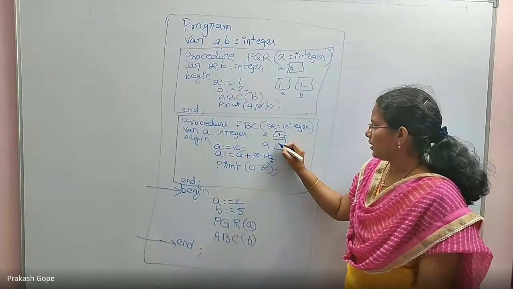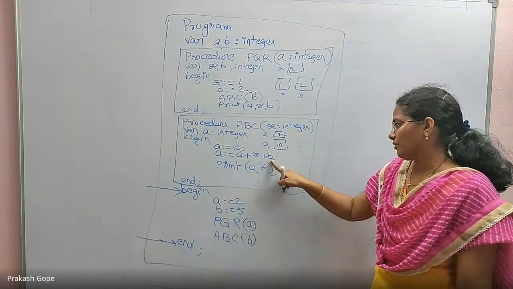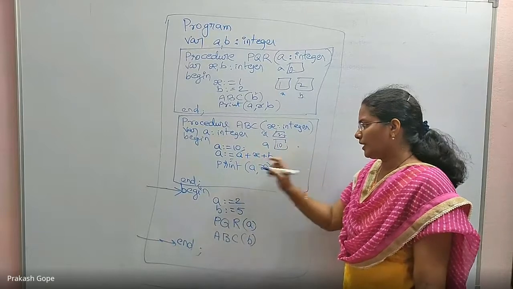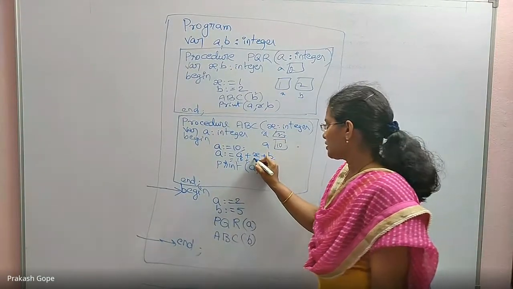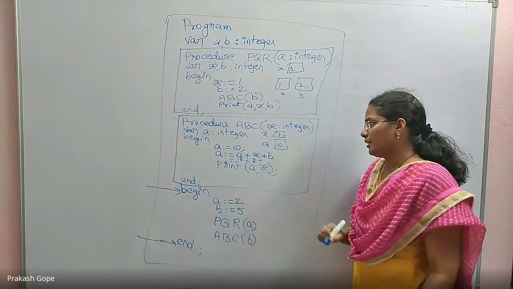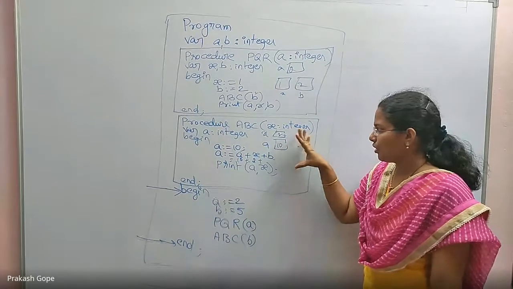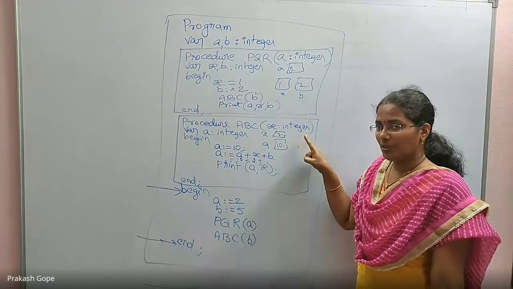Start executing. A equal to 10. Now A equal to A plus X plus B. A is locally declared, fine. X is locally declared, also fine. But B, do I have B in this declaration? No, it's not declared. Now I am talking about dynamic scope.